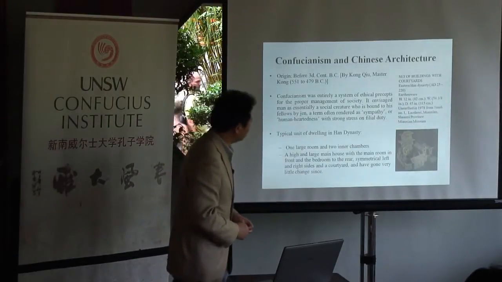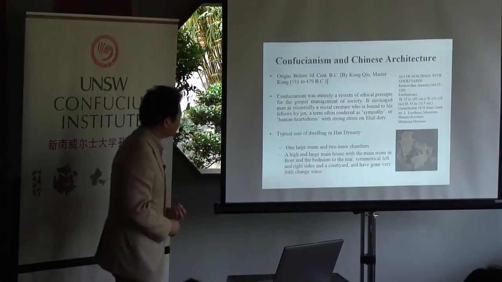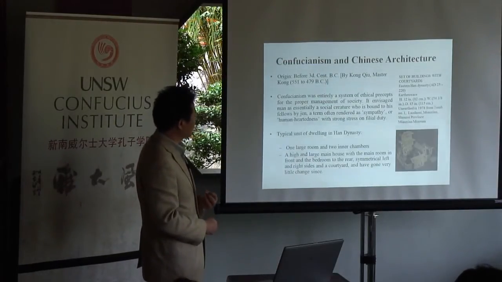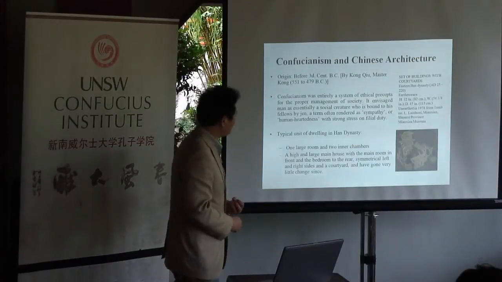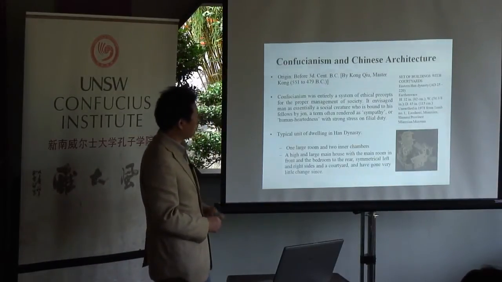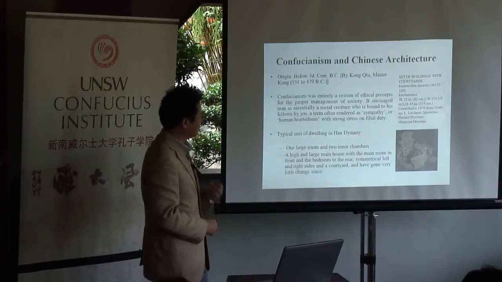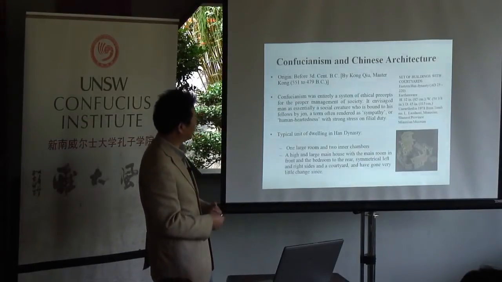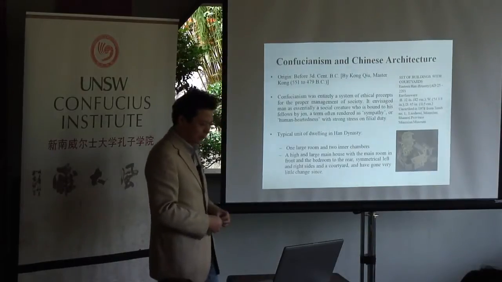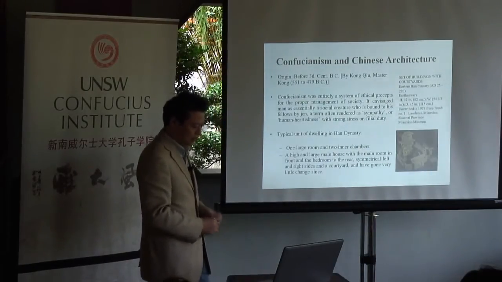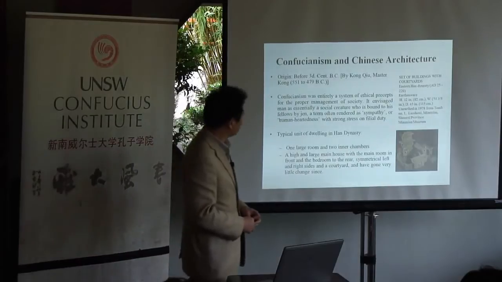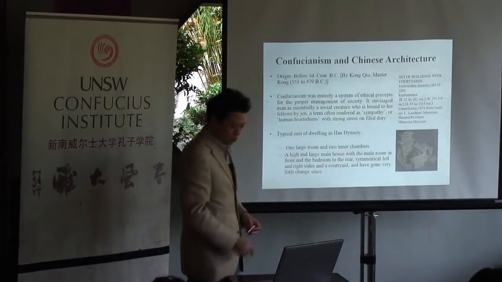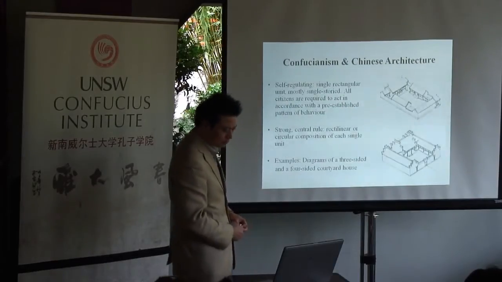It investigates man as essentially a social creature who is bound to his fellows by ren, a term often regarded as sympathy or humanheartedness, with strong stress on filial duty. The typical unit of dwelling in Han Dynasty is also funerary.